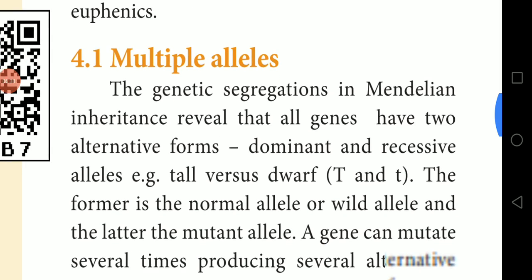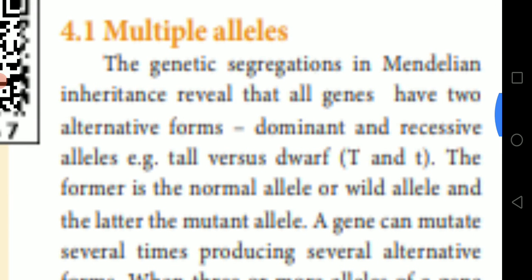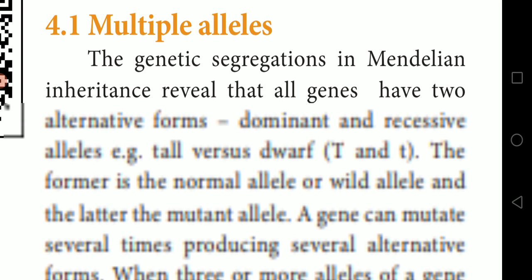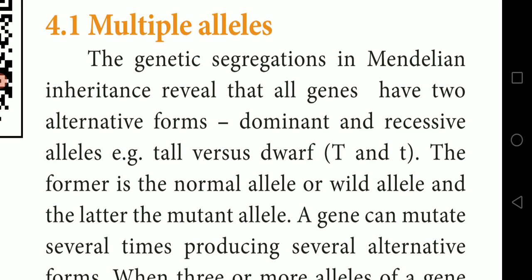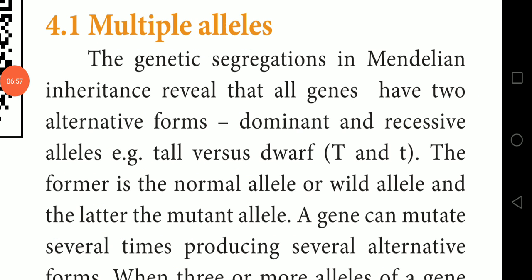Okay, so the next topic is multiple alleles. The genetic segregation in Mendelian inheritance reveals that all genes have two alternative forms. That is the genetic separation, which we call segregation.